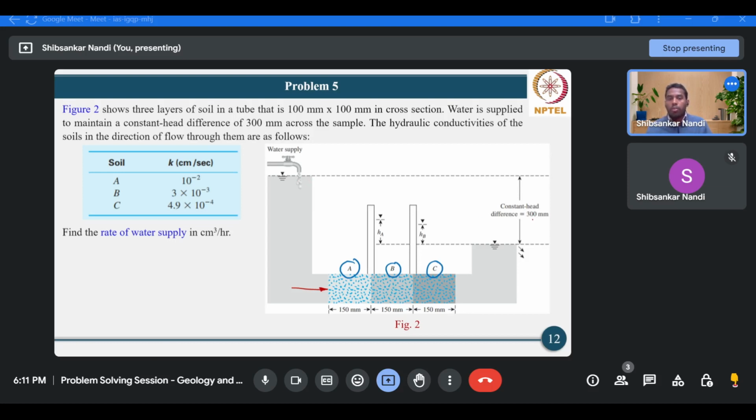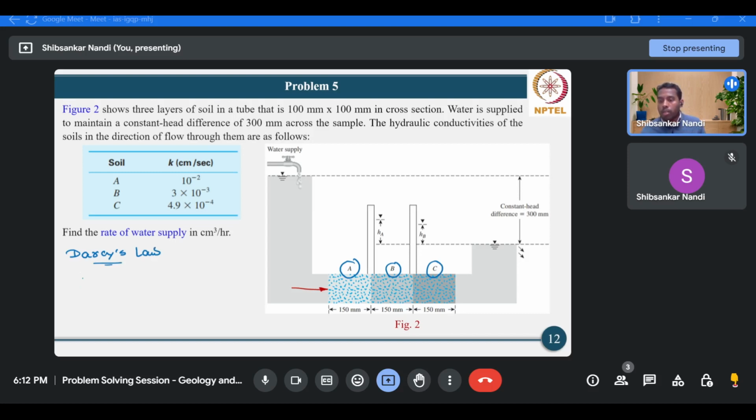Okay, so how can we determine this? We can easily determine the rate of flow if only 1 sample was given instead of 3. How? By implementing Darcy's law. As you can feel, in all of these 5 problems we are again and again using Darcy's law. It is very essential when you are dealing with permeability in soils or porous media like soils.